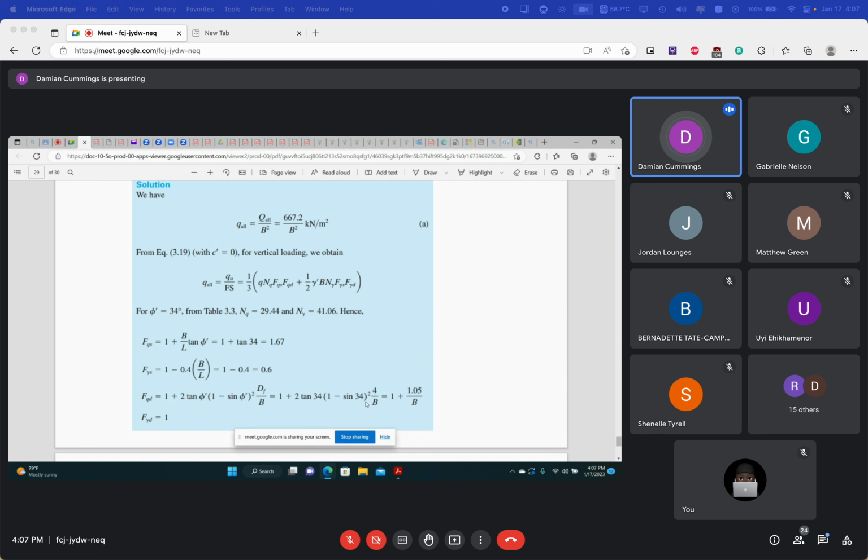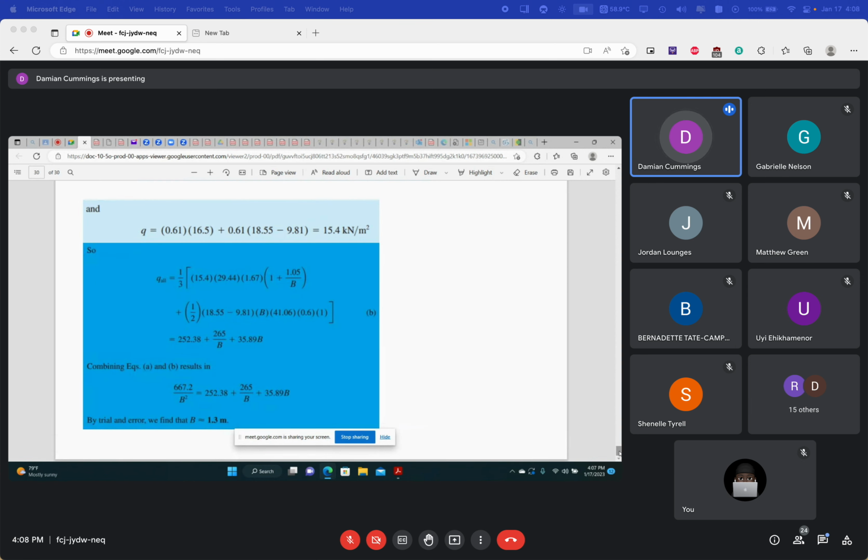We don't have B, but we know that the foundation is placed 4 meters down. I need to add that drawing, all right? Which is equal to 1 plus 1.05 over B, and our depth factor F gamma d is equal to 1.